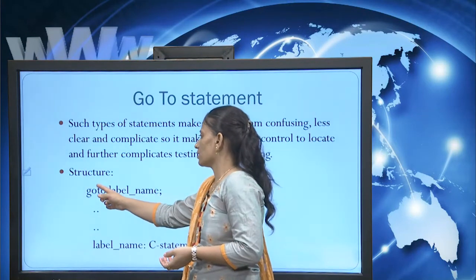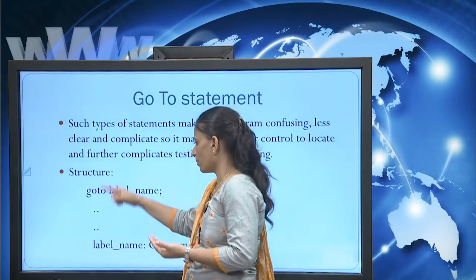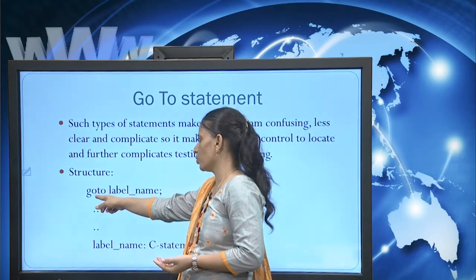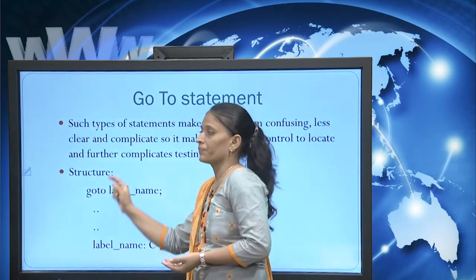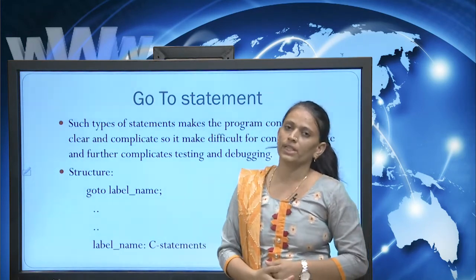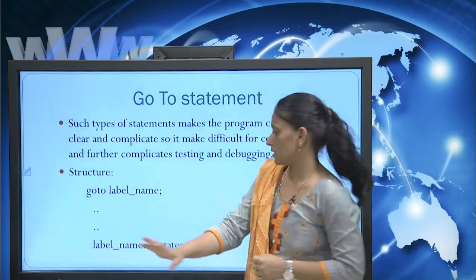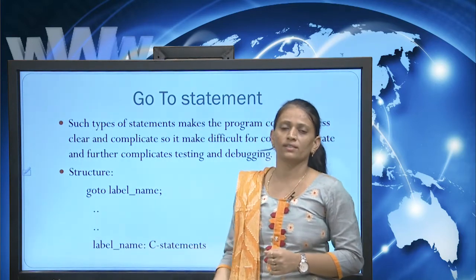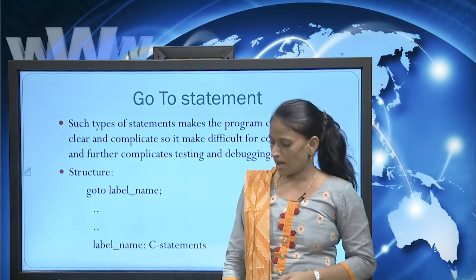Now in certain cases if we want to jump to the specific label, we directly write goto followed by the label name. Then the flow of execution will jump to that specific label and all the following statements after it will be executed.